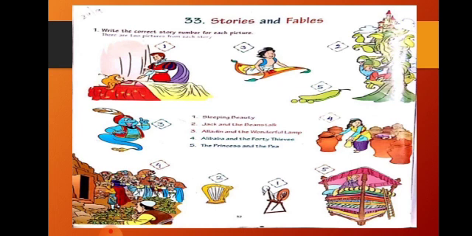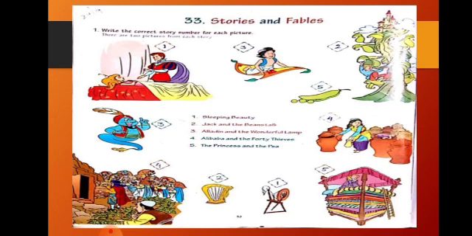Now again move to the left side, clockwise direction. The picture relates to Sleeping Beauty. It relates to the story Sleeping Beauty. Mark there 1. Now next picture, Jack and the Beanstalk. Mark there 2. And then move forward.